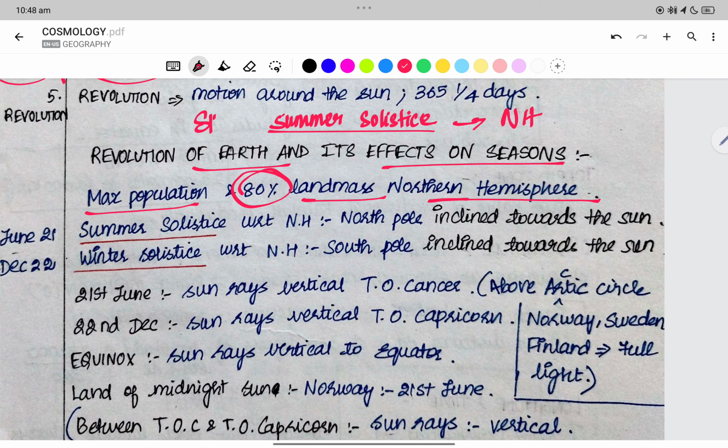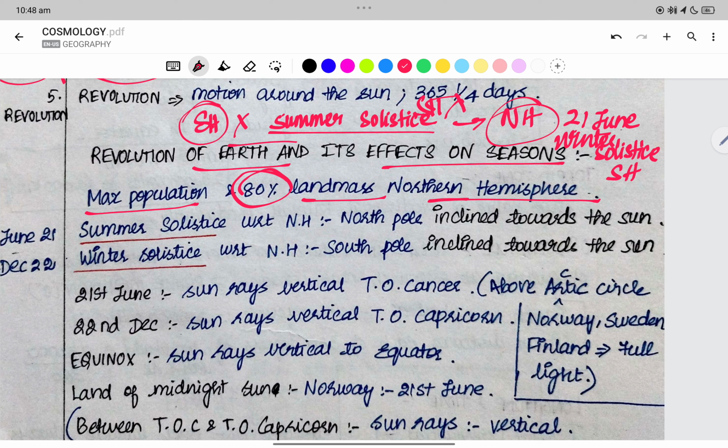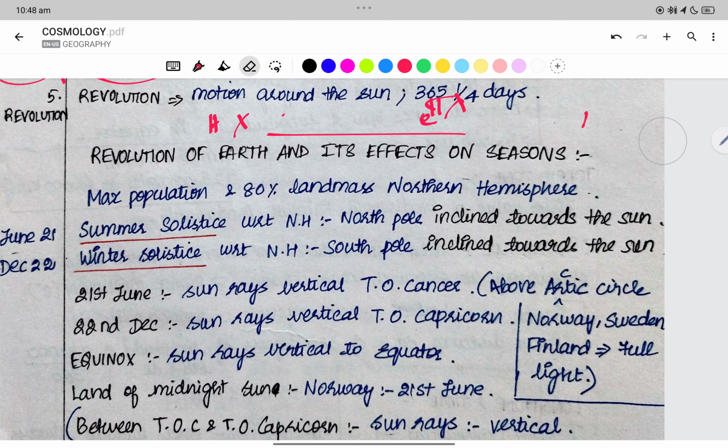If they specifically ask about the southern hemisphere, note that the summer solstice of the northern hemisphere, 21st June, is the winter solstice of the southern hemisphere. So opposites: northern hemisphere, opposite southern hemisphere. This is the thing we have to keep in our mind, right?